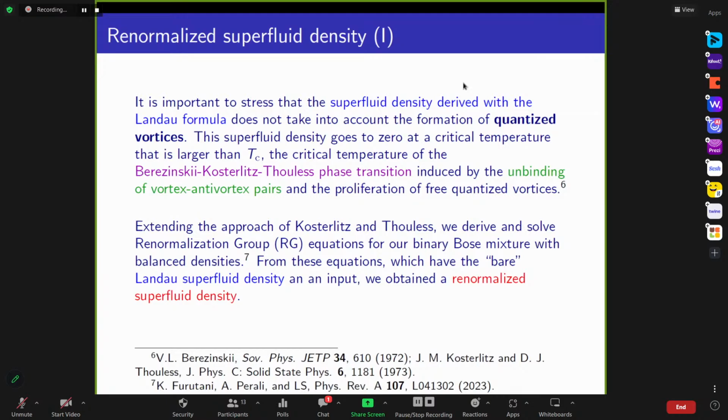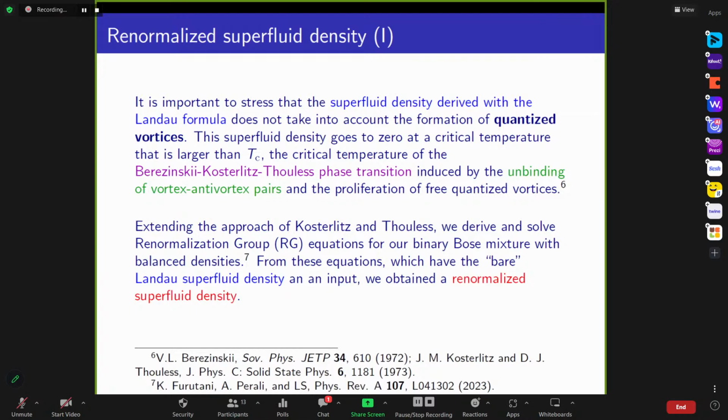Fortunately, it's possible to adopt also in this case the Kosterlitz-Thouless approach, extending it somehow, and in this way derive and solve renormalization group equations. For our case, we can derive a renormalized superfluid density, having as a starting condition the Landau superfluid density.